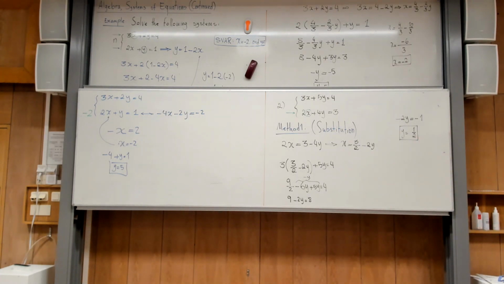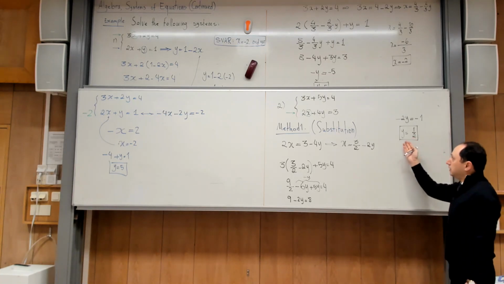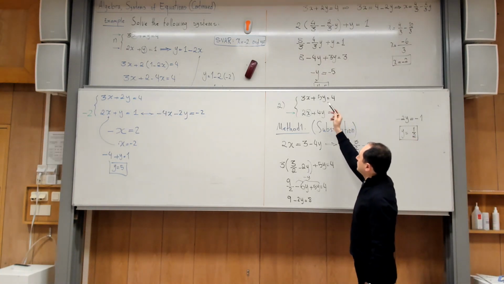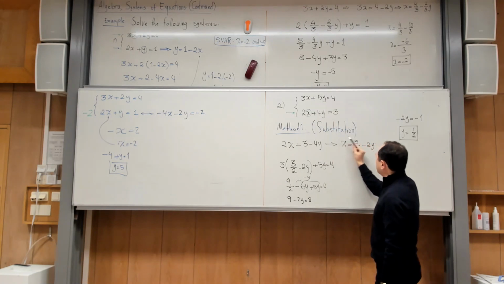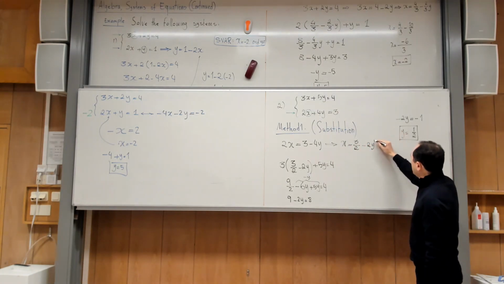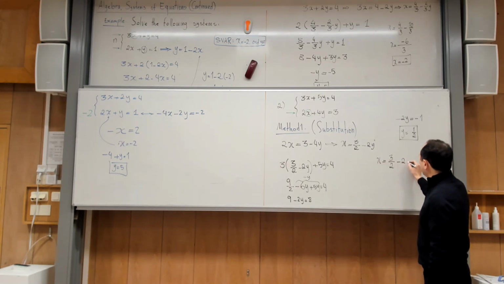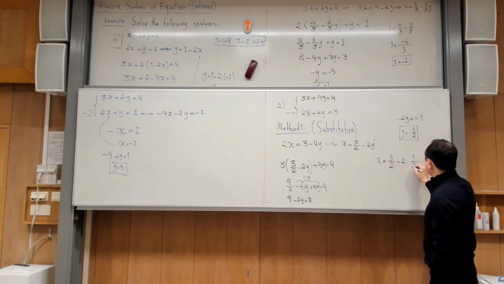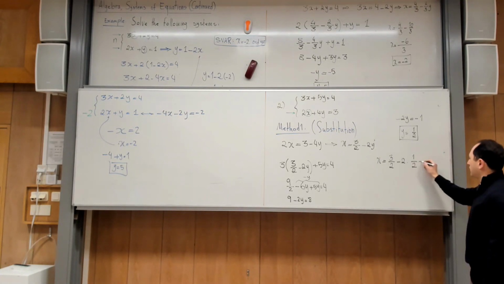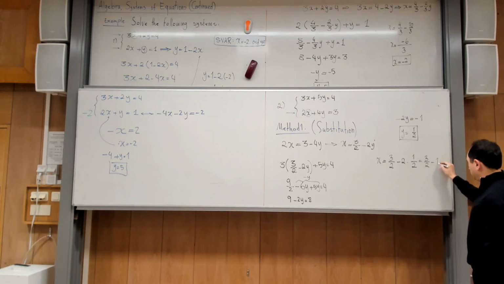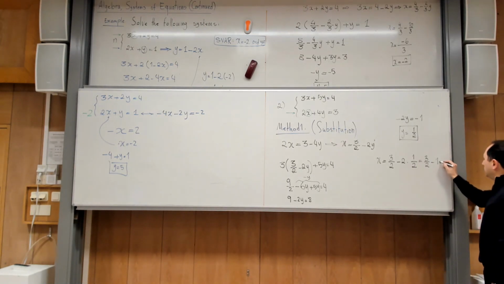When you found y, you can put it here, you can put it there, or I myself prefer to put it in this equation. So I put it here. Then I get x is equal to 3 over 2 minus 2 times 1 over 2, but this becomes 3 over 2 minus 1. Okay, and again the answer is the same.